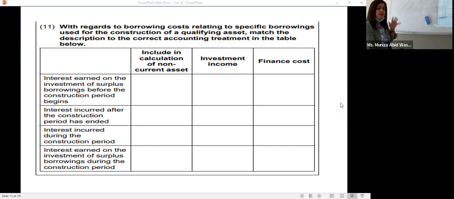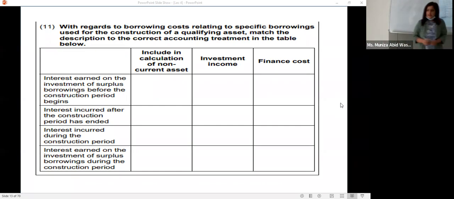Only the interest which is earned during the construction period will be included in the calculation of the non-current asset. Investment income? Yes, it's interest earned, investment income. Finance cost? No. The first one is investment income. The second one, interest incurred after the construction period has ended.